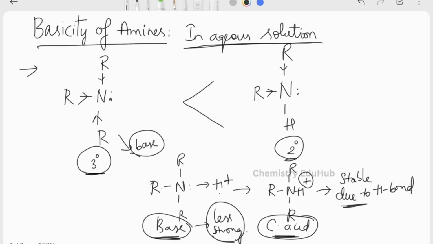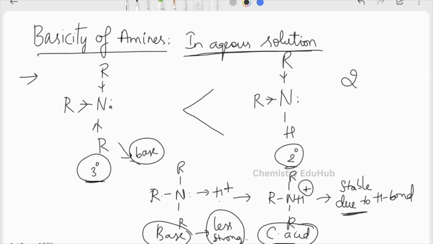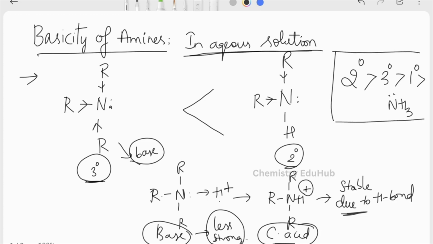So because of this reason, the order is secondary amines more basic than tertiary, than primary, than ammonia. This is the reason for the different order of basicity in case of aqueous solutions.